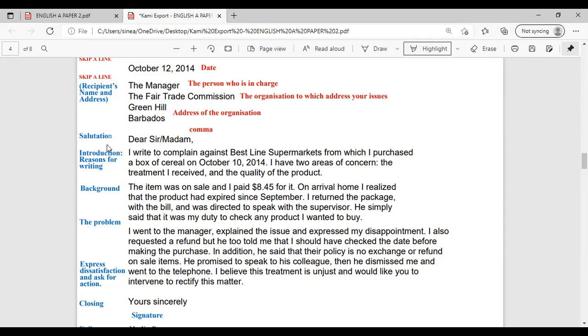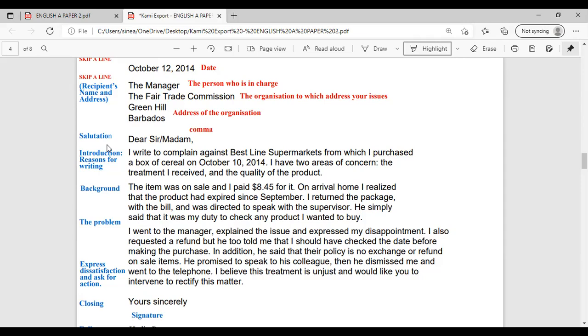Again, when we are doing this section, we have to be mindful of our word choice. When we are talking about a letter of complaint, we are to use words such as unjust treatment, or things such as I'm not satisfied, I'm disappointed.